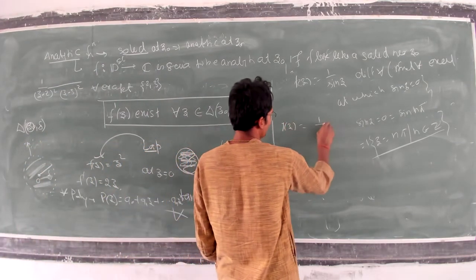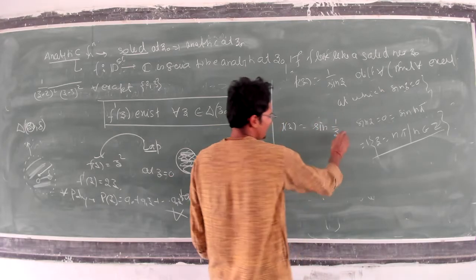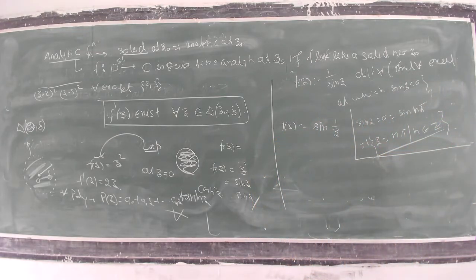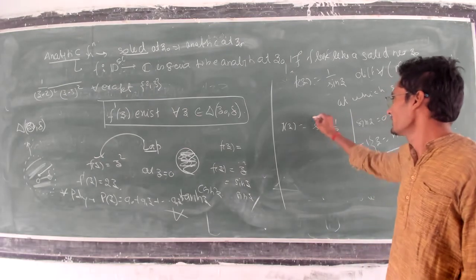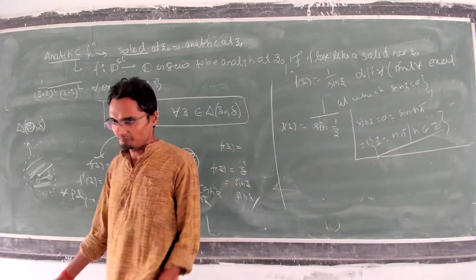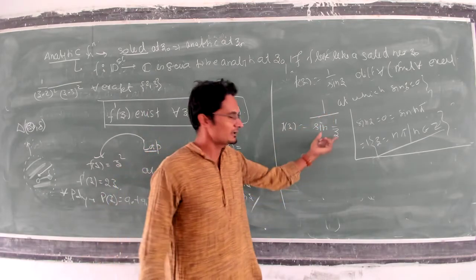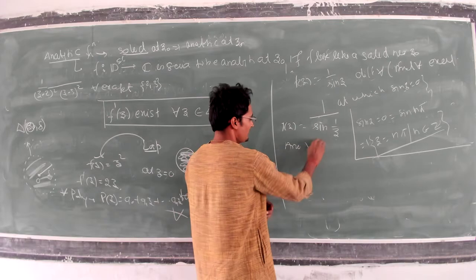Let us see one more. f(z) equal to sin 1 over z. So find the point at which the function is differentiable. Definitely when z will be 0. This function will be analytic everywhere except where the denominator is 0, right?